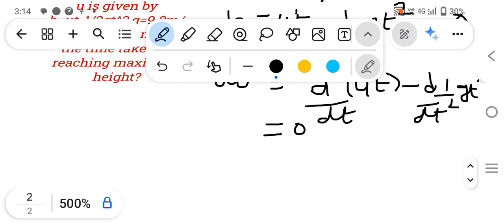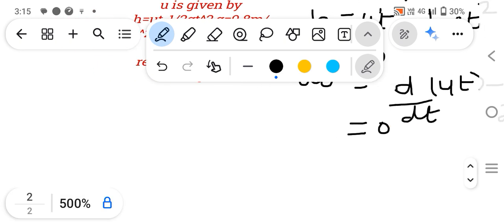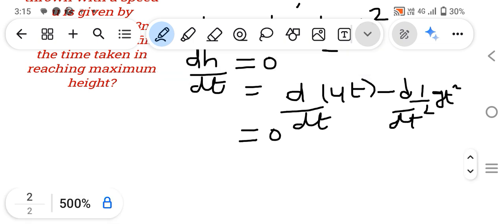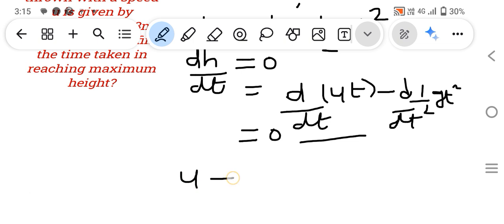d by dt of this ut is u, minus d by dt of this half gt square, which is 1 by 2 into 2 into gt.